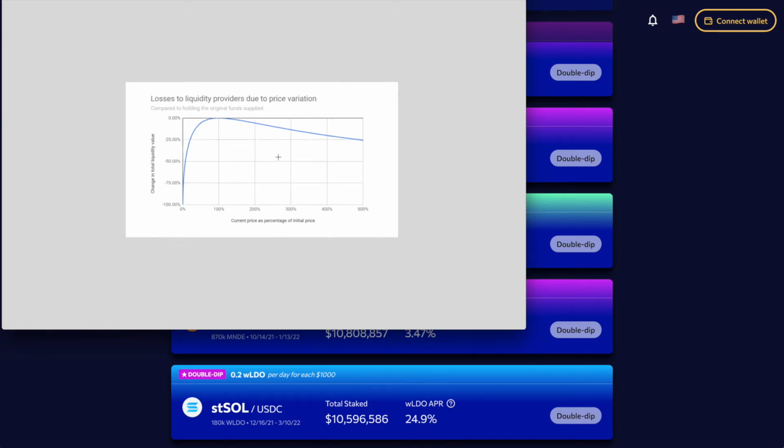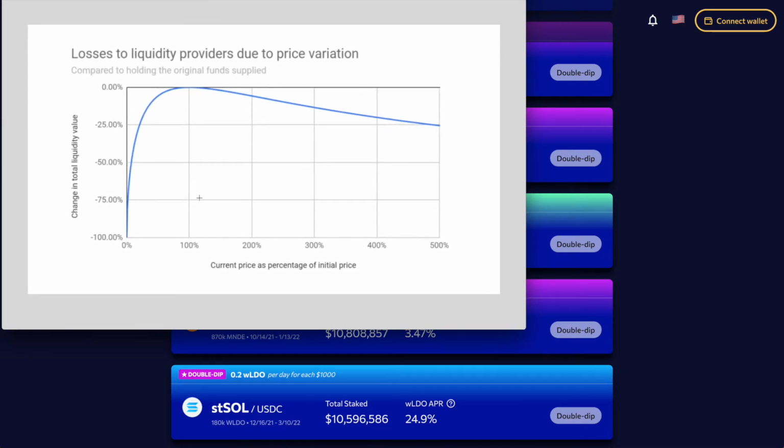Now, if you look at something like Shadow USDC, USDC is a stable coin, so it's not going to move. However, Shadow can move. And if I bring up this chart here, this is a chart of impermanent loss. So this sort of explains basically at 100%, so current price as a percentage of initial price, 100% means the price hasn't changed.